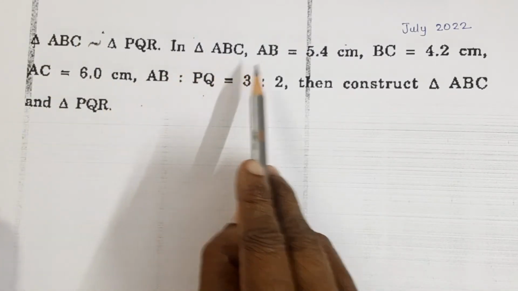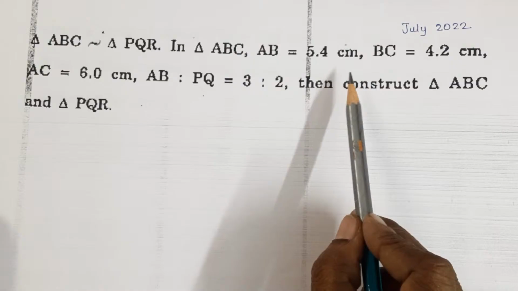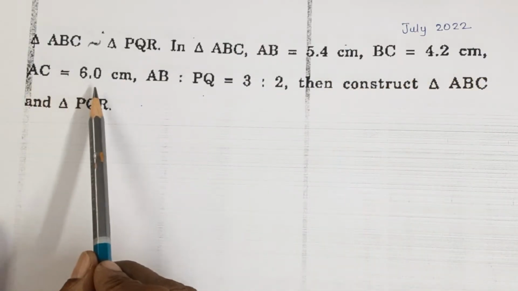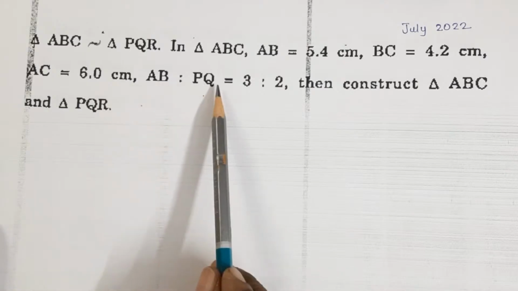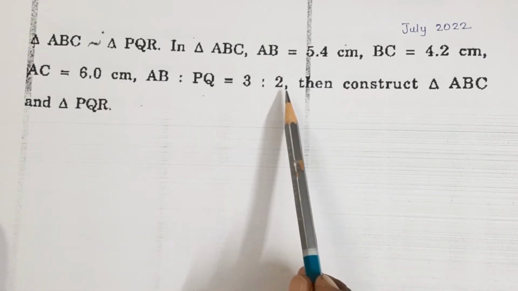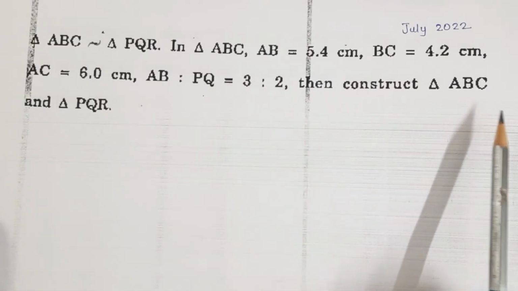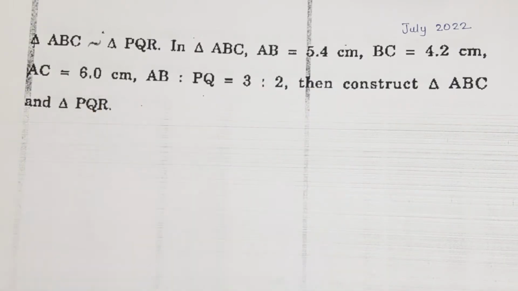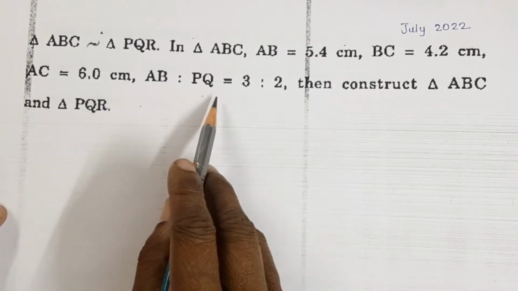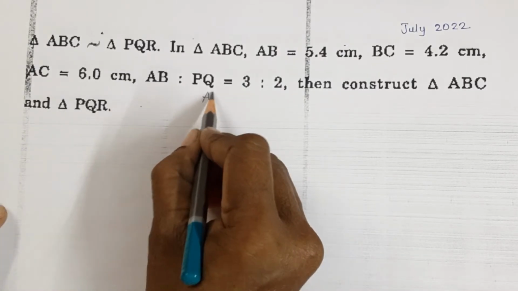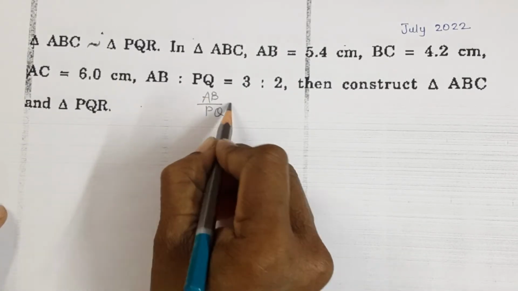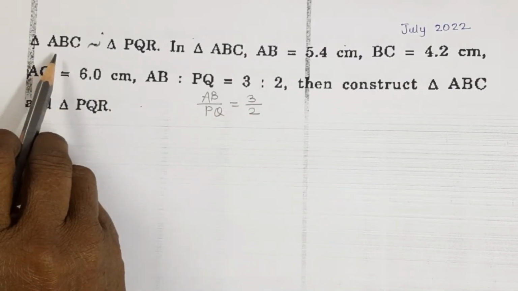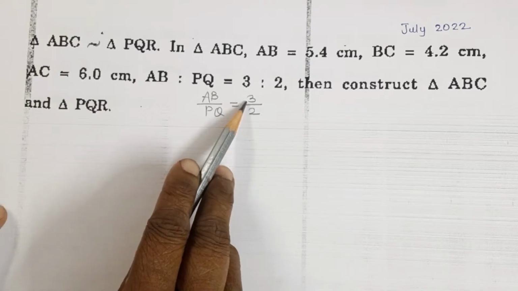In triangle ABC, AB is equal to 5.4 centimeter, BC is equal to 4.2 centimeter, AC is equal to 6 centimeter, AB is to PQ is equal to 3:2. Then construct triangle ABC and triangle PQR. Now AB is to PQ, that means AB upon PQ is equal to 3/2.